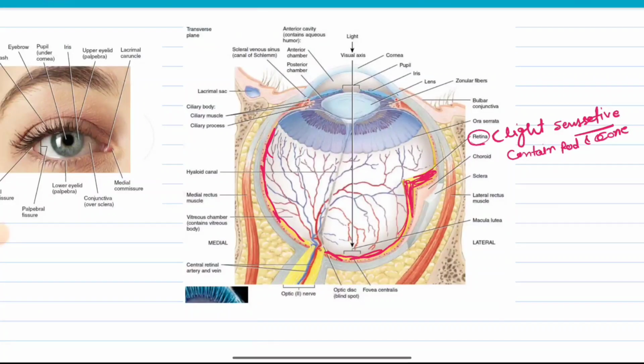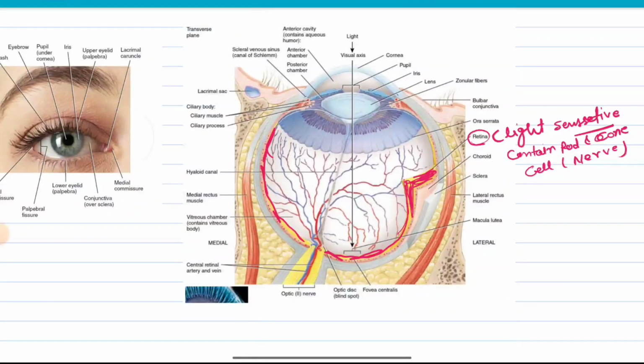Cone cells convert the image formed by the lens into electrical impulses. Those impulses are then transmitted to the brain via the optic nerves.